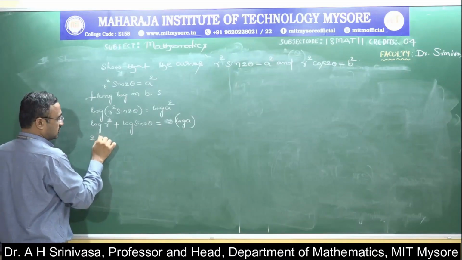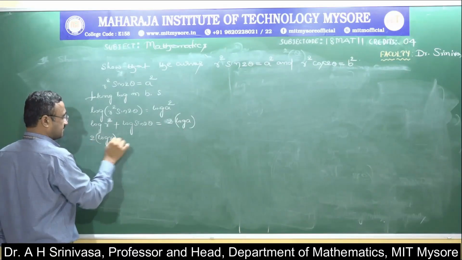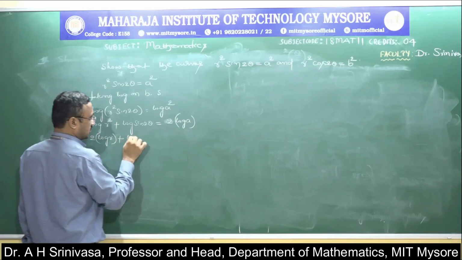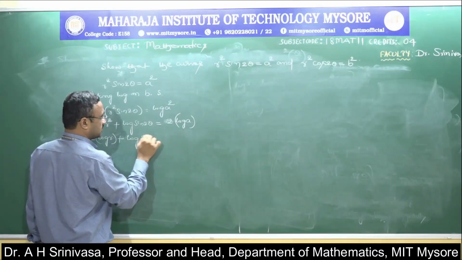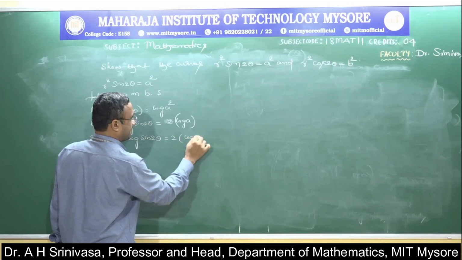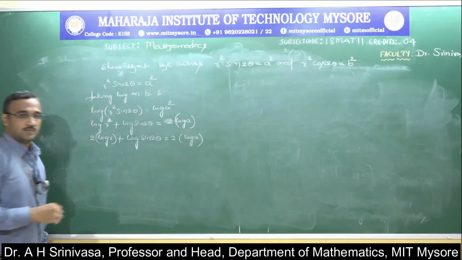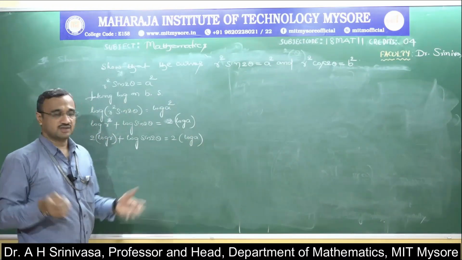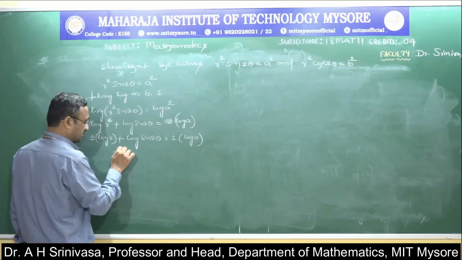Then this becomes 2 times log r plus logarithm of sin 2 theta equal to 2 times log a. The powers are reduced, then you can easily differentiate the function.